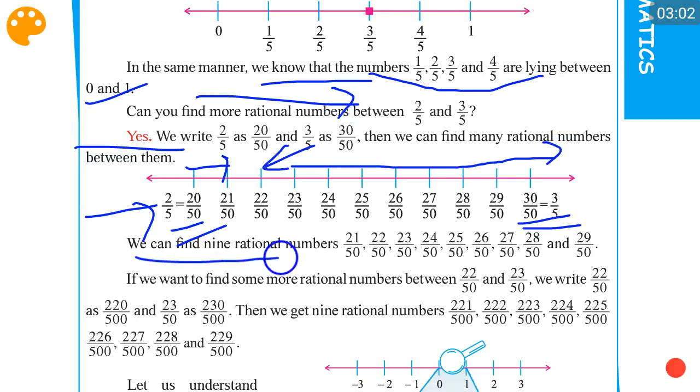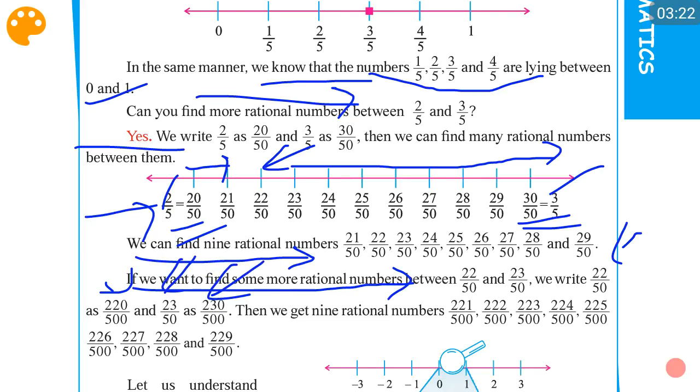So we can find 9 rational numbers between 2 by 5 and 3 by 5. And if we want to find more rational numbers, we can do so by writing 22 by 50 as 220 by 500 and 23 by 50 as 230 by 500, and we can find 9 more rational numbers.